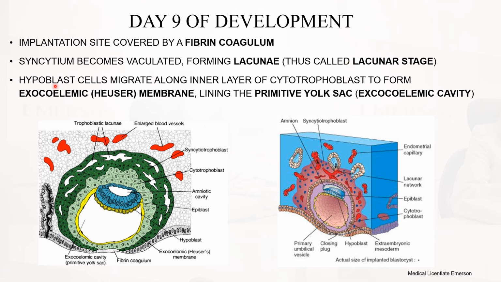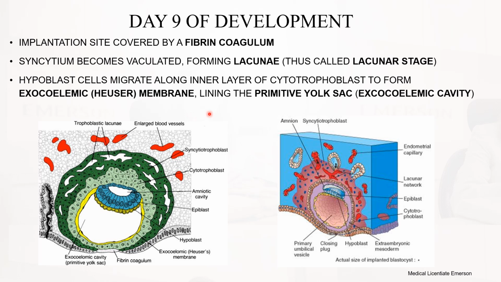Then the hypoblast cells migrate along the inner layer of the cytotrophoblast to form the exocoelemic membrane, or the Heuser's membrane, but most commonly it's called the exocoelemic membrane.